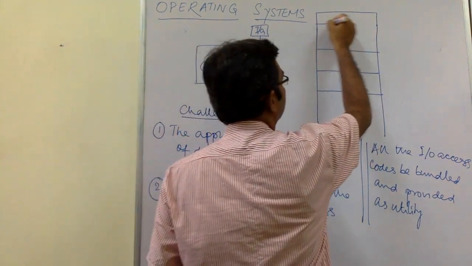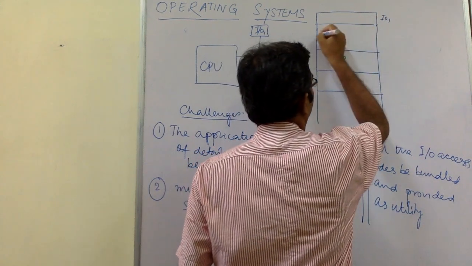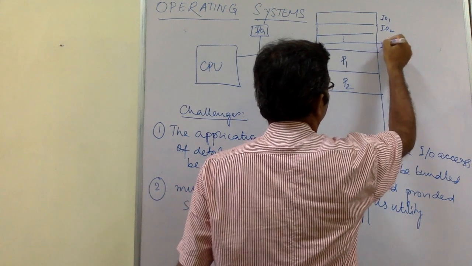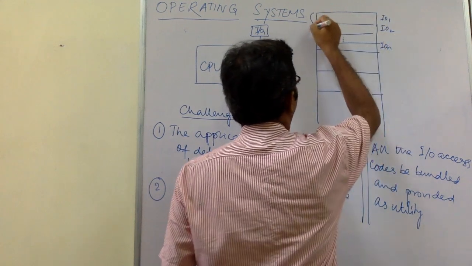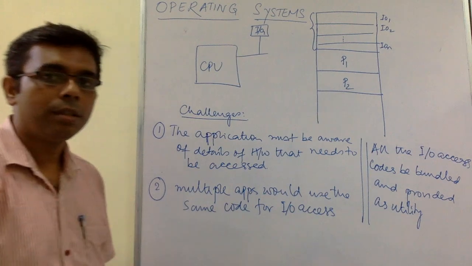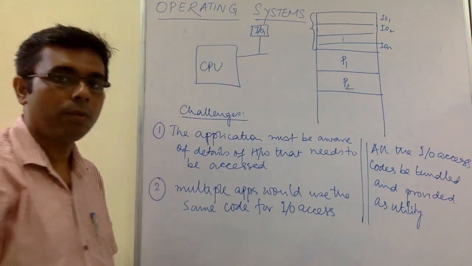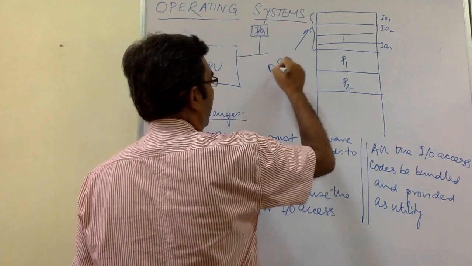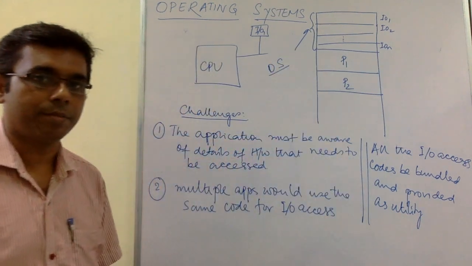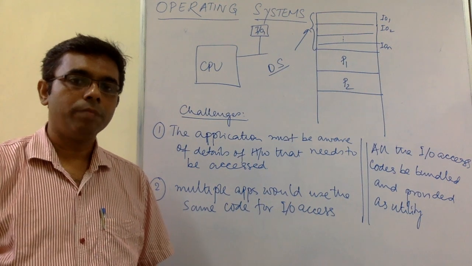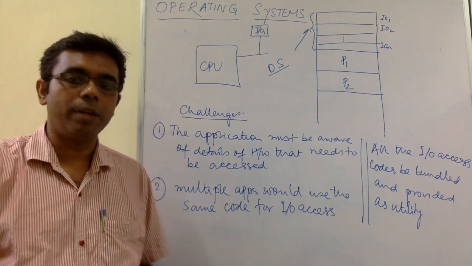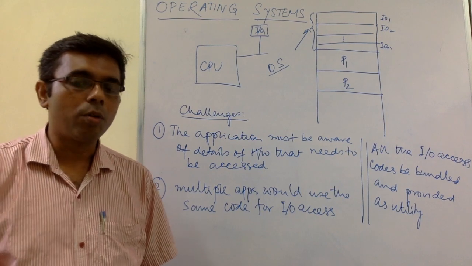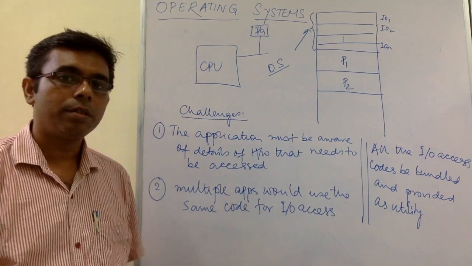Okay, say this is for IO mechanism 1, this is for IO mechanism 2, something of this type. There are n number of devices, IO mechanism n, and I call this entire bundle as a special software. Okay, and I call this as something known as my operating system. So this is the special bundle of software that has them. That can be a very good way to overcome this challenge.